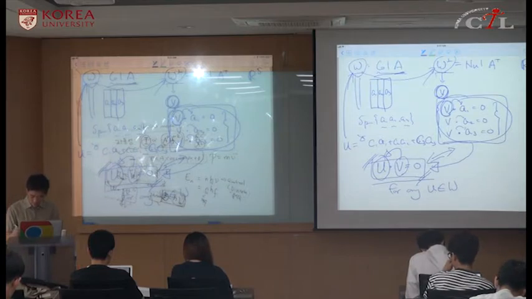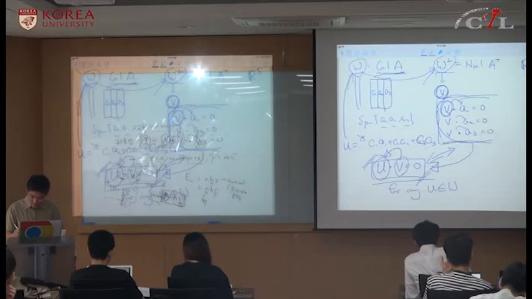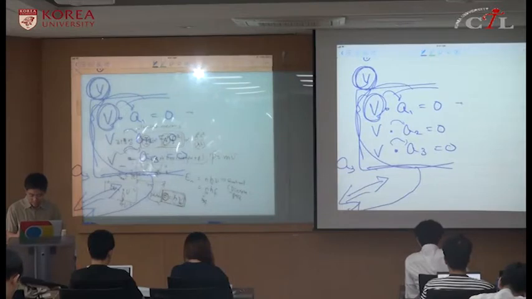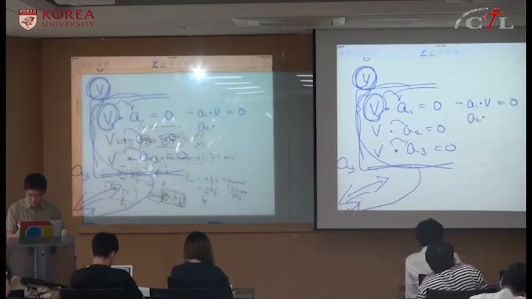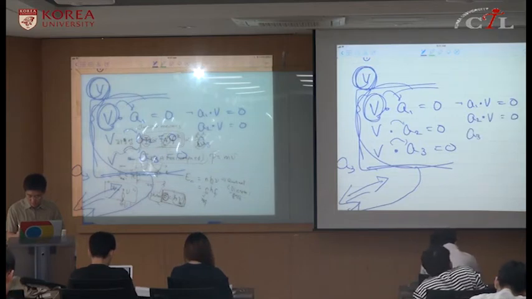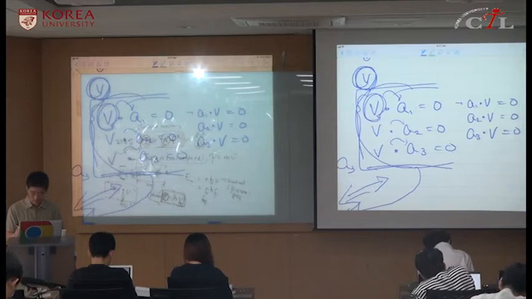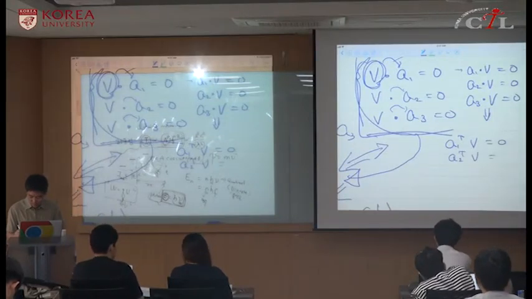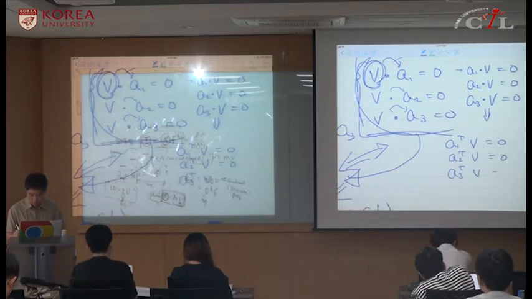So let's rewrite it. I'm going to rewrite these three equations in this form: A1 V equals 0, A2 V equals 0. I just changed the order between the two vectors, and let me write it in this form: A1 transpose V equals 0, A2 transpose V equals 0.